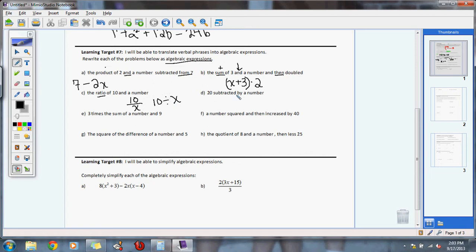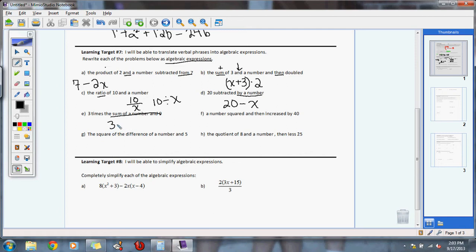20 subtracted by a number. So I take 20 and I don't subtract that from something, but I actually subtract it by any old number, which we call x. 3 times the sum of a number and 9. Whoops, sorry there. But we're taking 3 times. When it says the sum, that means we have to do what it's telling us to sum.